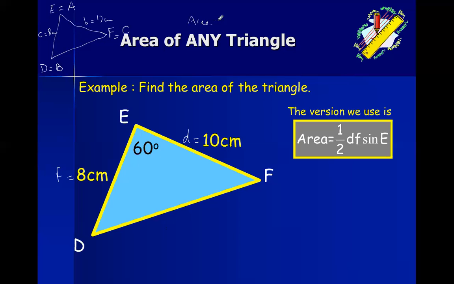He says it's half of AB, sorry, half of BC times sine A, because he preferred it that way, and he got the same answer.